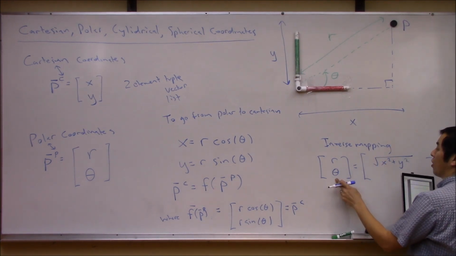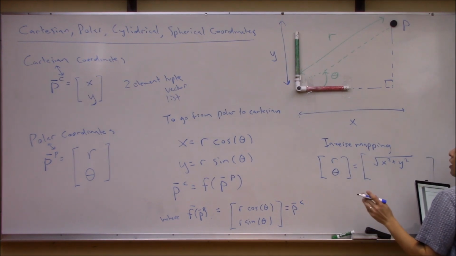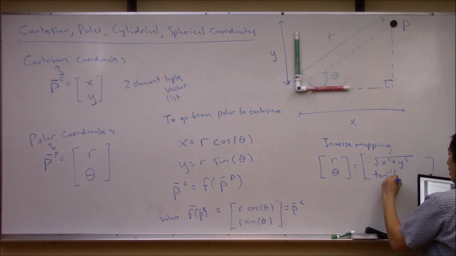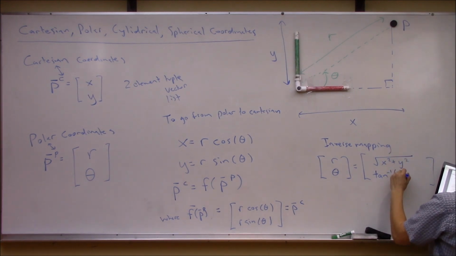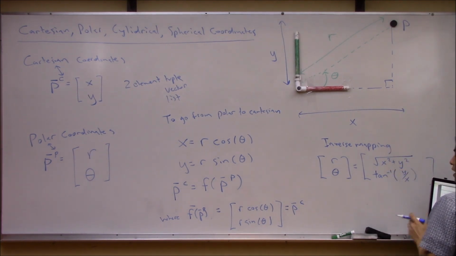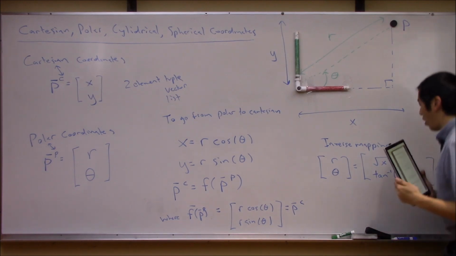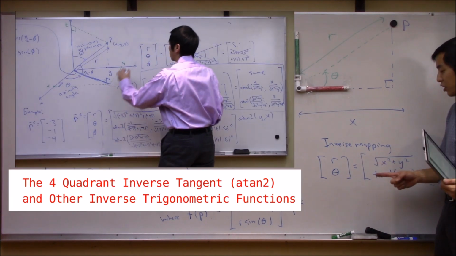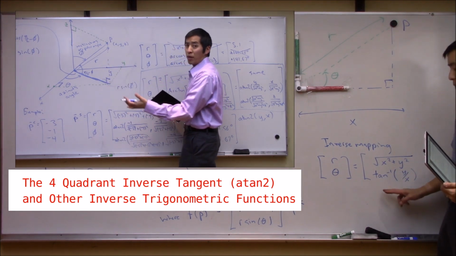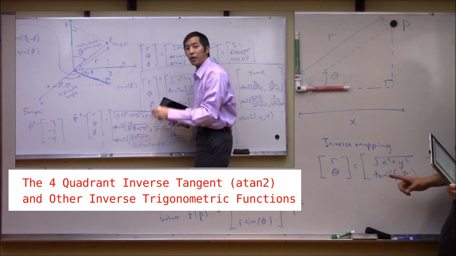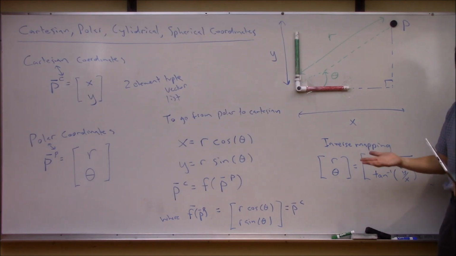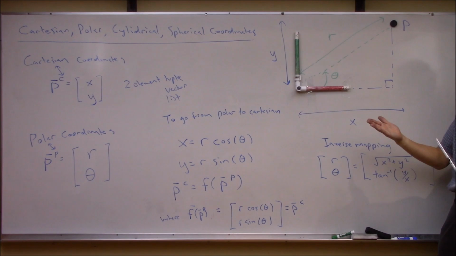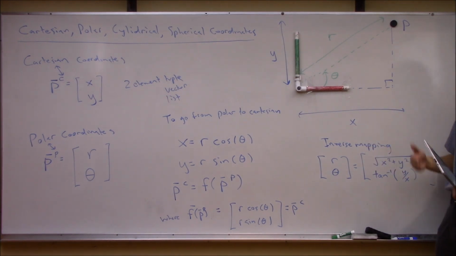And theta here, you've got to be a little careful. It might be very tempting to say, oh, theta, this is pretty easy. This is just the inverse tangent of y over x, right? But if you remember, in a previous video we talked about the 4-quadrant inverse tangent, right? This is a little bit scary because a normal inverse tangent is only going to give you 2 quadrants. Tangent is not an invertible function, so the inverse tangent has to pick a certain range.